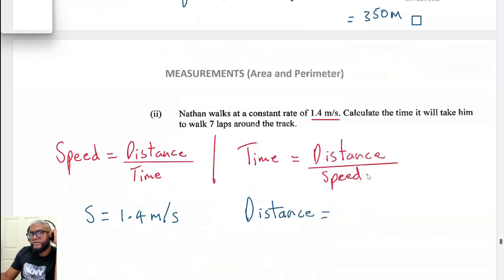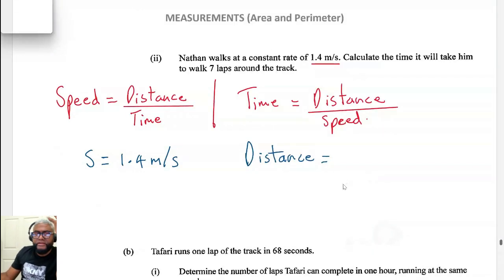Scrolling back down. Right, so I was with Rudra. What is the distance around the field? The distance around the field is 350 meters. And how many laps did Nathan make? Nathan made 7 laps. So what is his total distance? 350 is 1 lap.